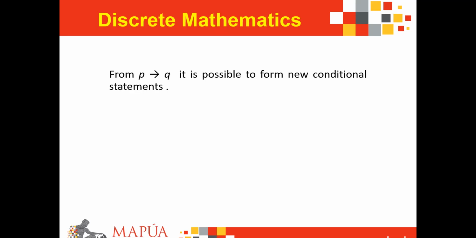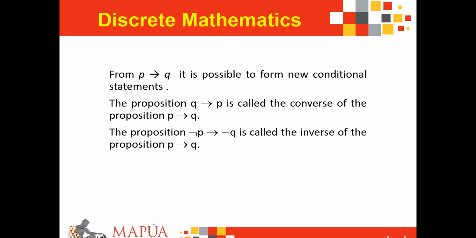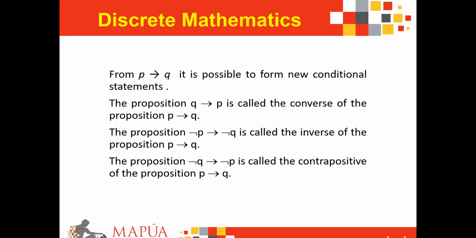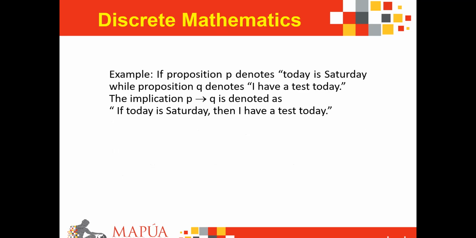From your implication, it's possible to form new conditional statements, like the converse, the inverse, or the contrapositive of your implication. One example: if P denotes today is Saturday and Q denotes I have a test today, then the implication is: if today is Saturday, then I have a test today.